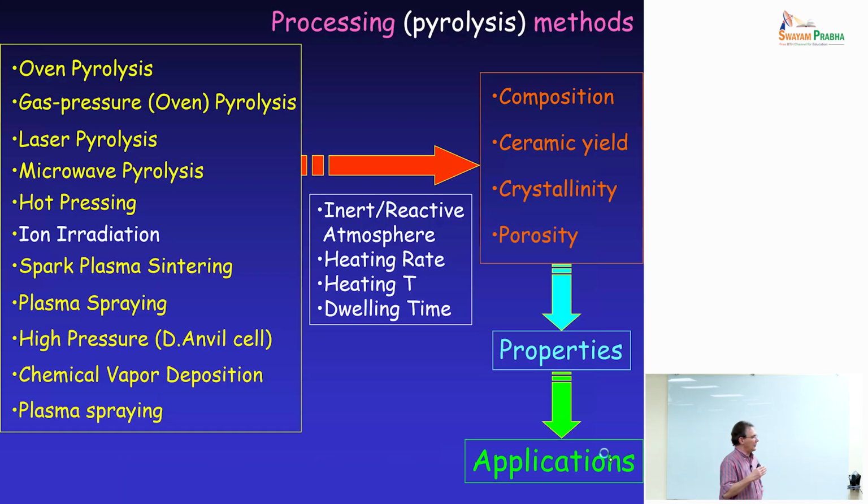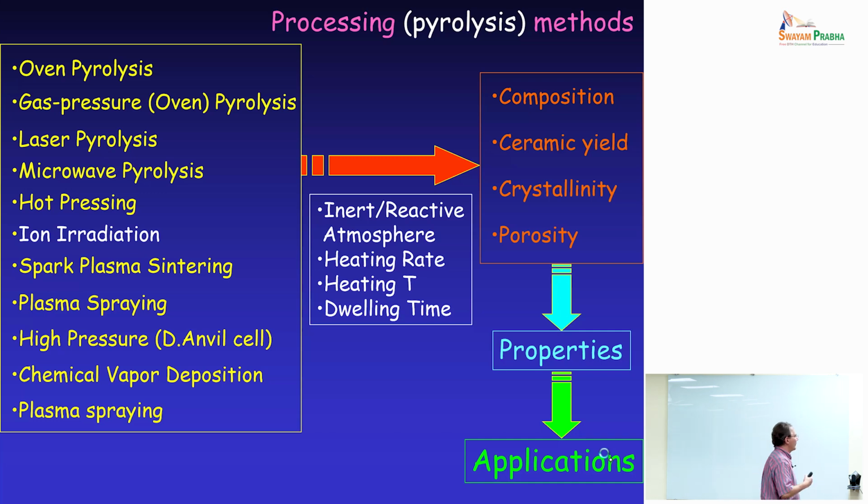I mentioned that you need to transform your polymer to a ceramic material. I will discuss what happens shortly. But in terms of the methods, you can use conventional oven pyrolysis, typically in a tube furnace with a flowing gas.